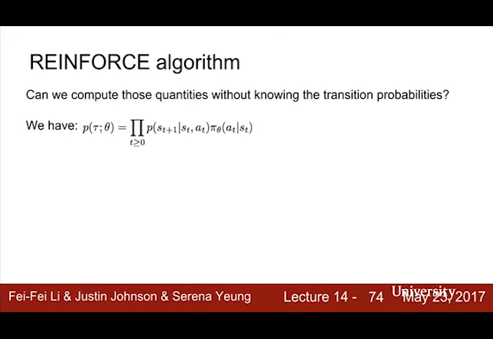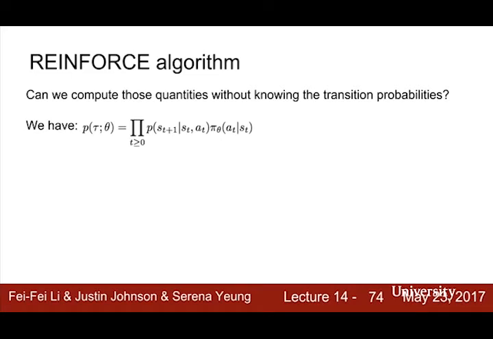Okay, so looking at this expression that we want to compute, can we compute these quantities that we had here without knowing the transition probabilities? Right, so we have that p of tau, the probability of a trajectory, is going to be the product of all of our transition probabilities of the next state that we get given our current state and action, as well as our probability of the actions that we've taken under our policy pi, right?